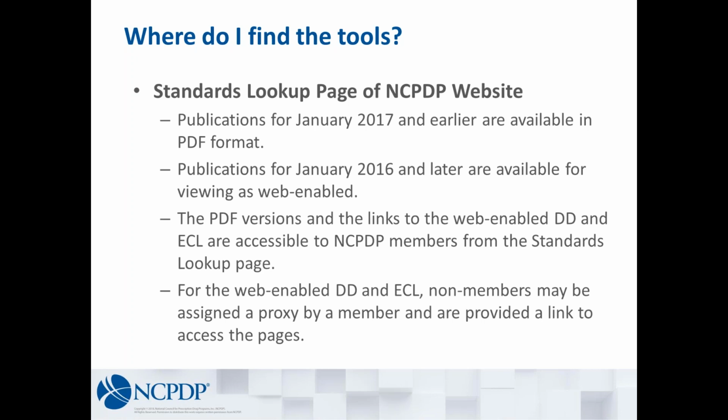And then any publications for January 2016 and later are now available as part of the web-enabled tool. You could access both the PDF versions and the web-enabled lookup tool from the standards lookup page.